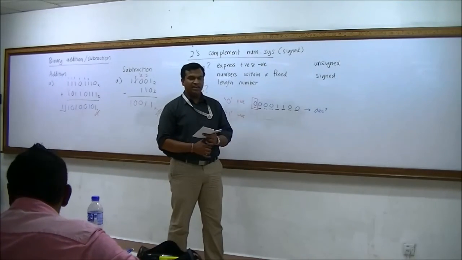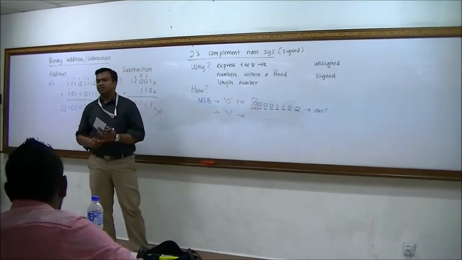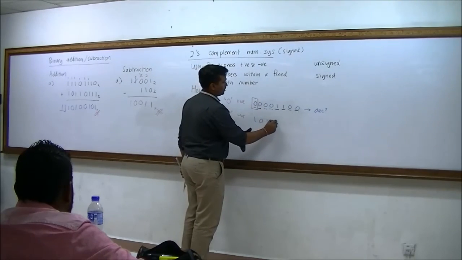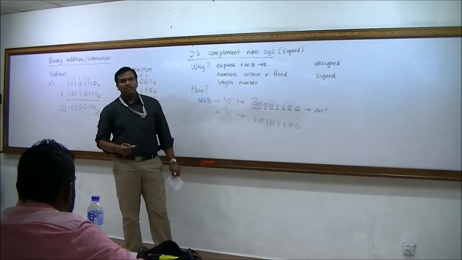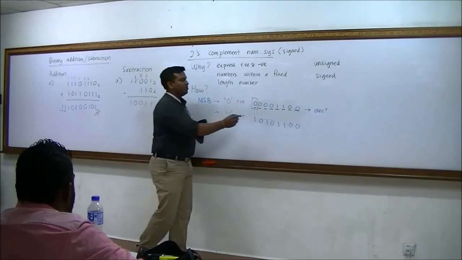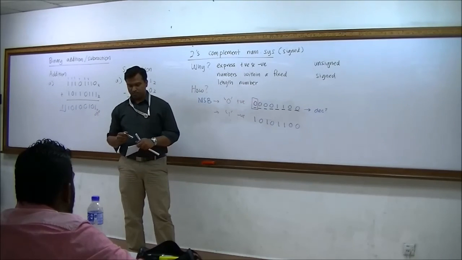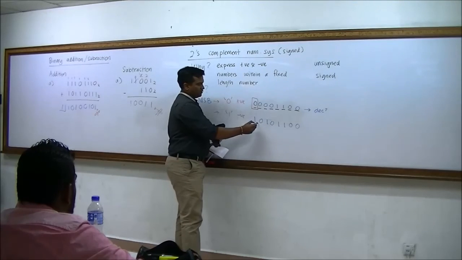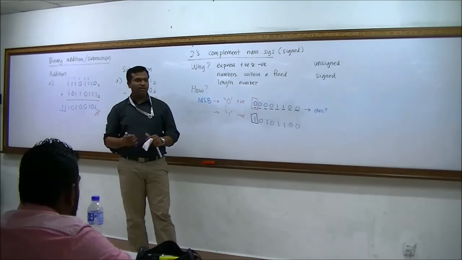Now what happens if it's a negative number? If you have a digit like this one, if I told you it's an unsigned number, you add up all the weightages on top, right? If I tell you this is a signed number, you first have to check the most significant bit. This is 1, so this is negative. How do you find the value?